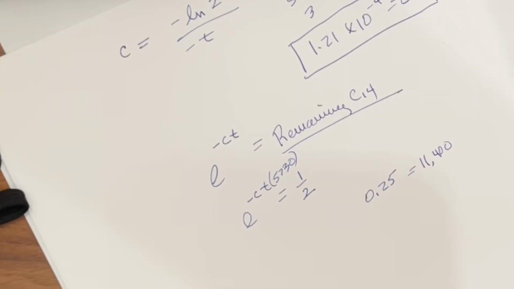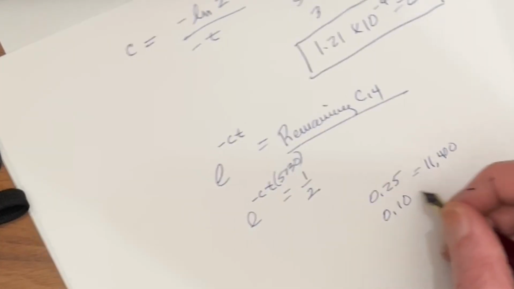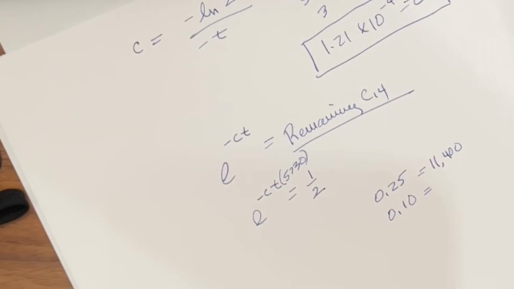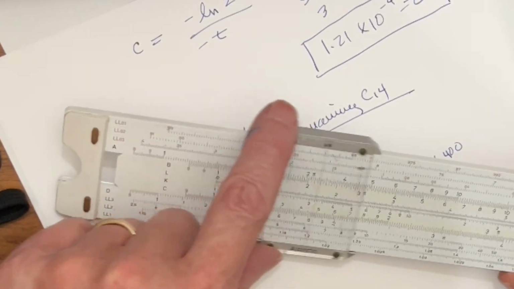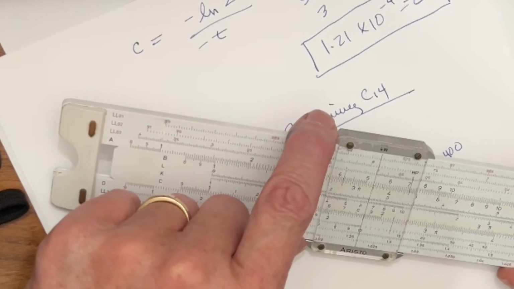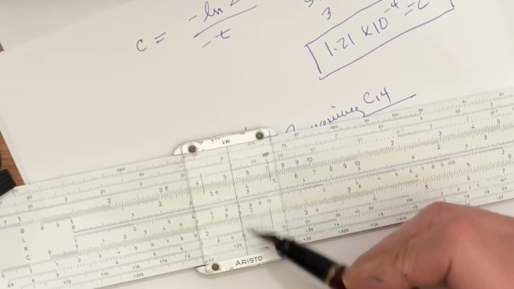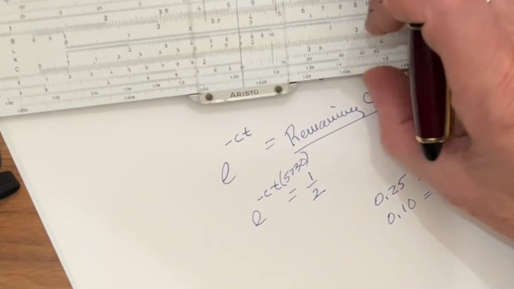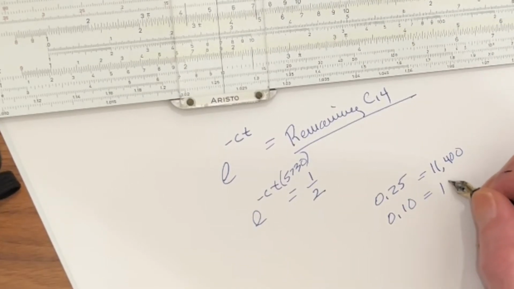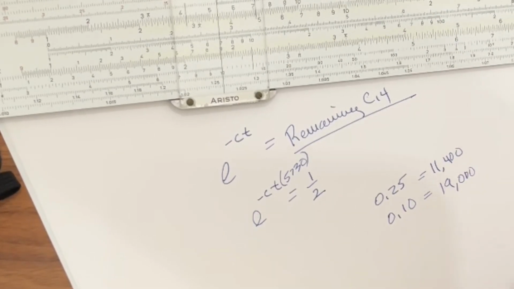What if we have 10% of our sample left? So that would be 0.10. How many years would that be? Once again, we would come down to the LL3 scale and come out to 10%, which is right there. Without moving the slide, we read 1.9. But again, we're dealing with 10,000 year increments here, so that would be 19,000 years old.